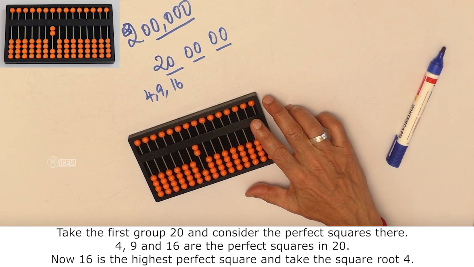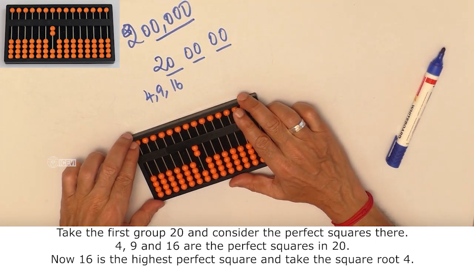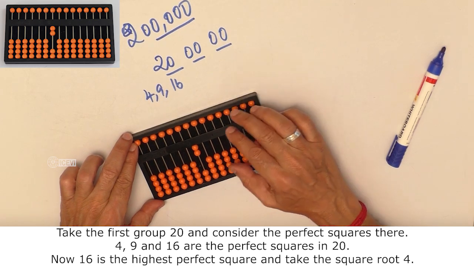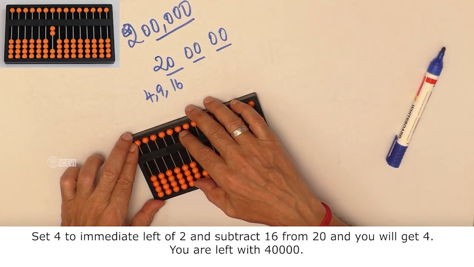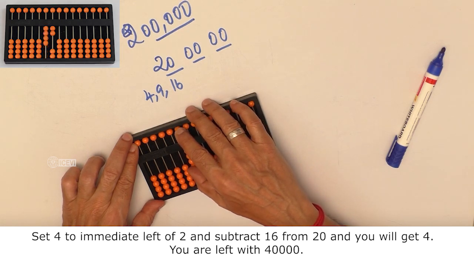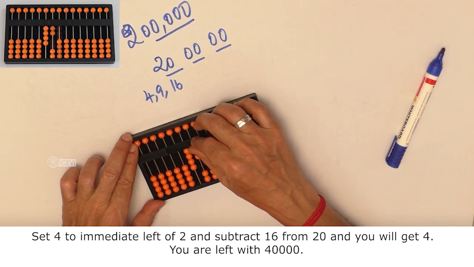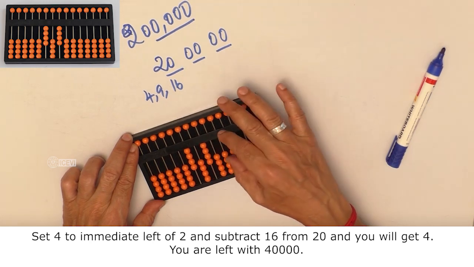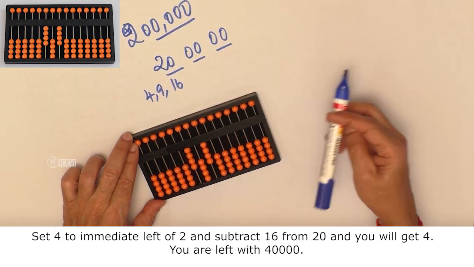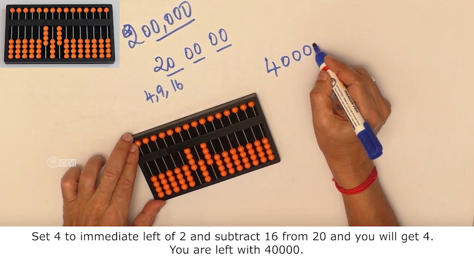Therefore, let us take 16, which is the highest perfect square, and take the square root of 4. Set the 4 to the immediate left of the number 2 and subtract 16 from 20 and you will get 4. Now you are left with 4, 0, 0, 0, 0.